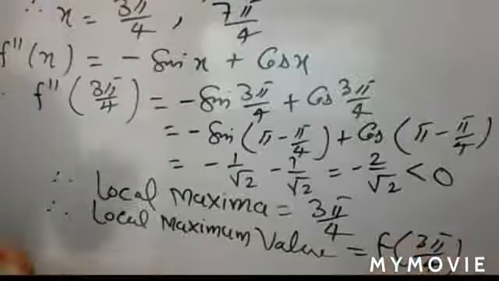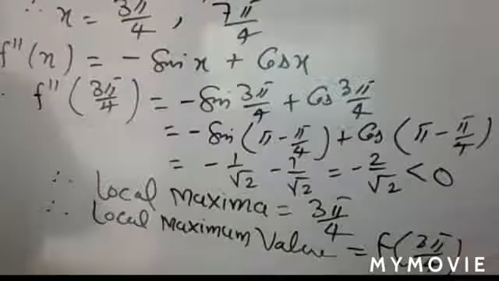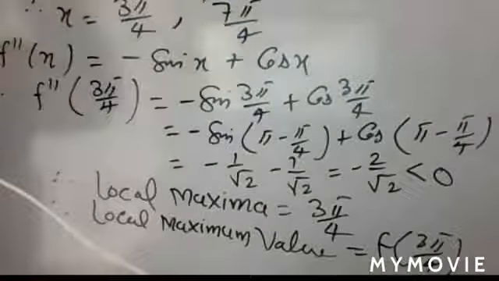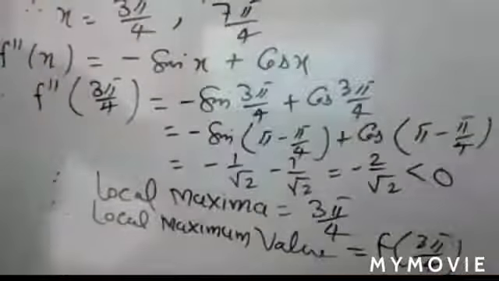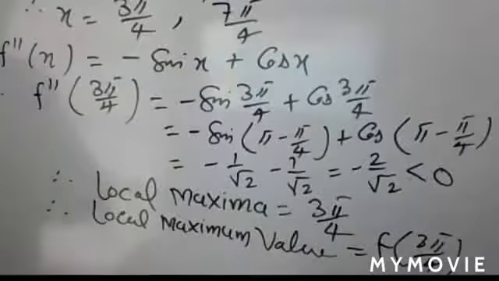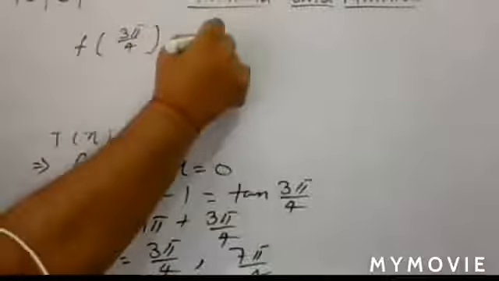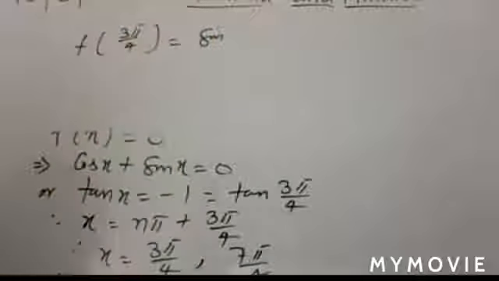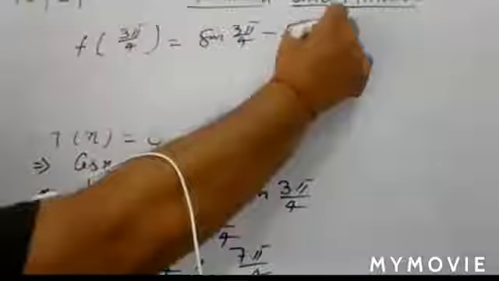Now putting its value, that is sine x minus cos x. So you put it and check what your result is. If you put that value in the given function, here you have f of 3 pi by 4 is equal to sine 3 pi by 4 minus cos 3 pi by 4.